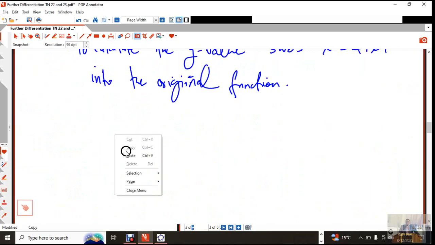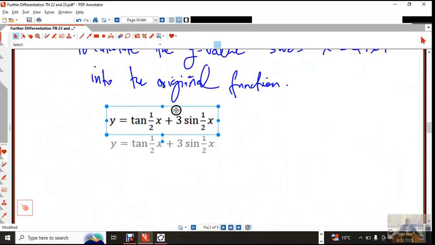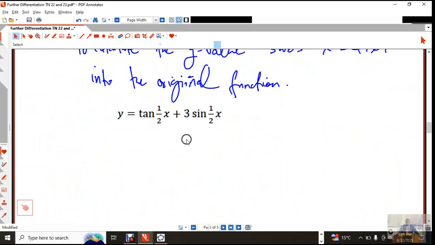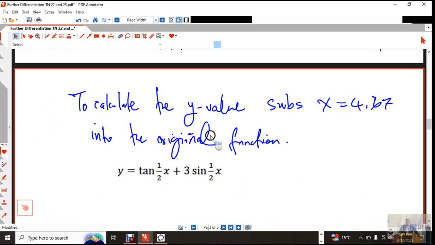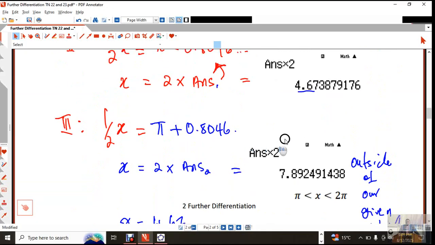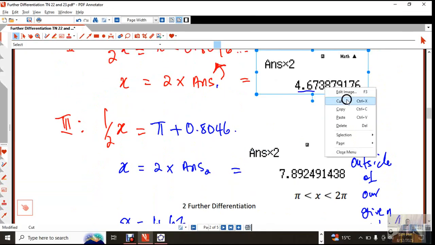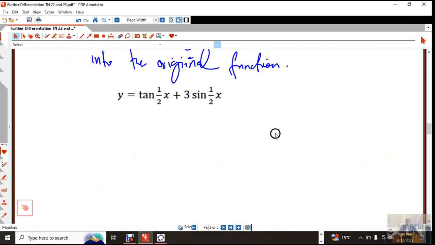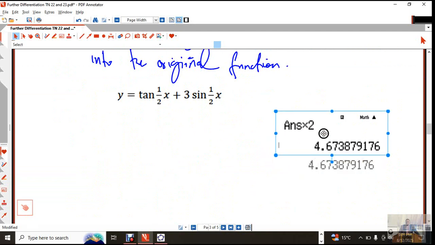So I'm going to substitute in here the value of x. Okay. All right. So remember, what was my x value? It was this one over here. So I'm going to substitute everywhere we have an x.